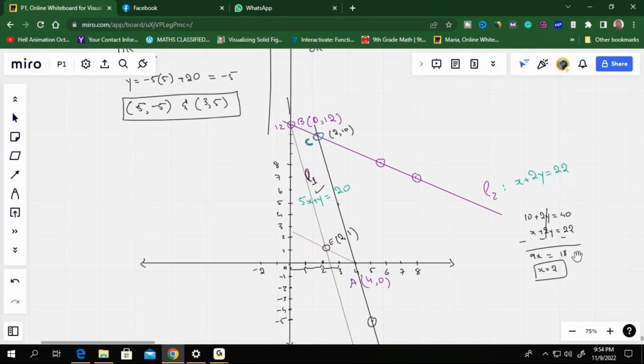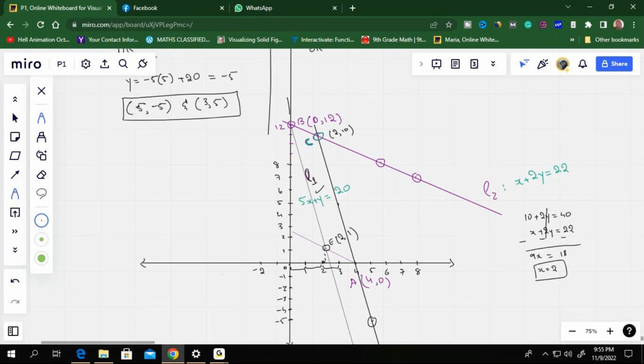Far beyond. So the point is going to lie somewhere here, quite far away, and it doesn't make any sense. So minus 2, 21 cannot be the coordinate of your E. E is going to lie in the first quadrant, not in the second quadrant.